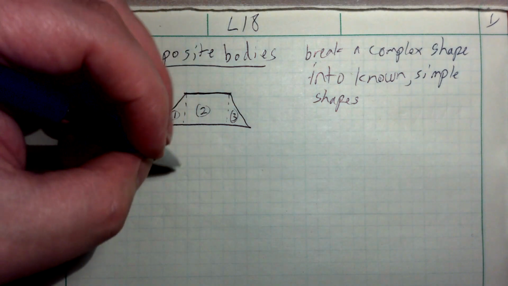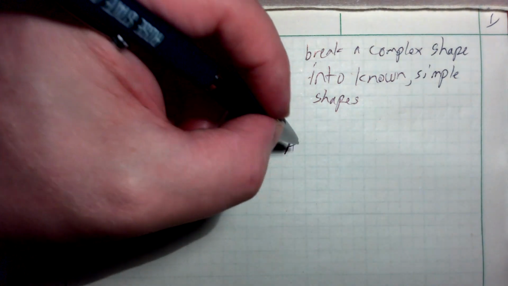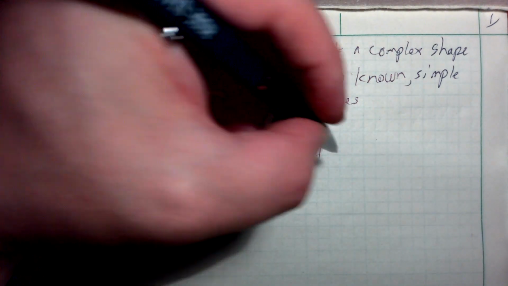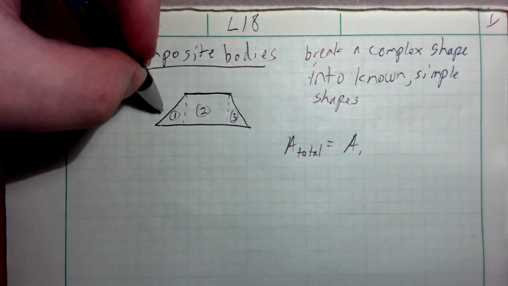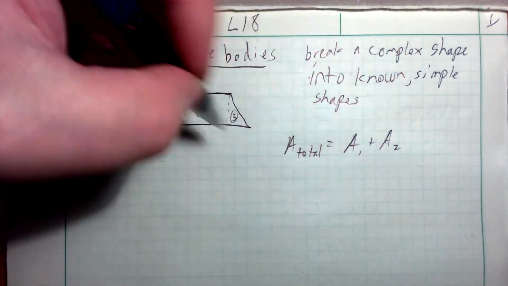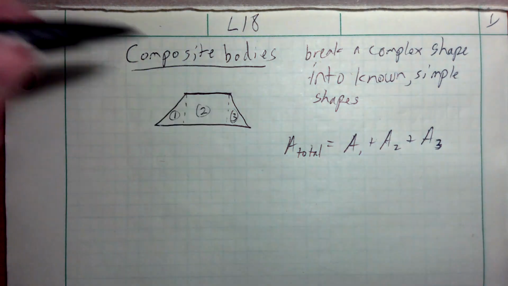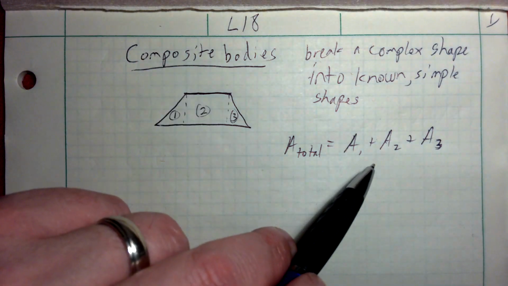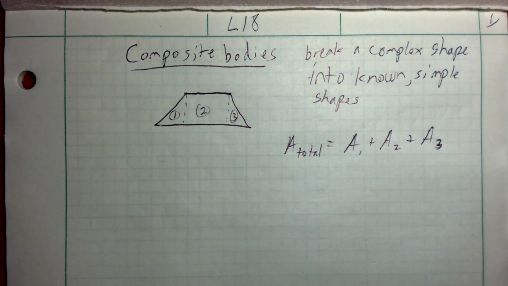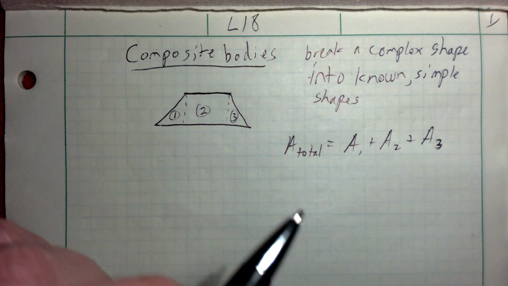And so what we can do then is say the total area is going to equal the area of this first triangle plus the area of the rectangle plus the area of shape number 3, this other triangle. I can find these areas easily, add them all up, and that sum gives me the total area.